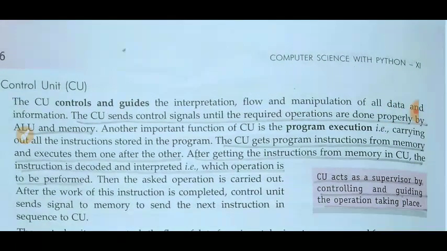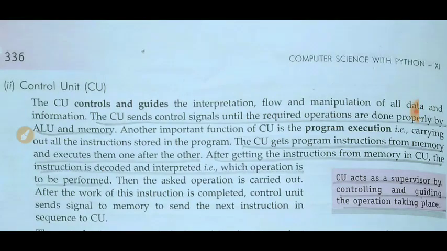CU gets program instructions from memory and executes them one after the other. If we have two or more instructions to perform, then CU takes the first instruction and performs it. After that it will take another instruction and then execute it like this. So one after the other it executes the instructions.